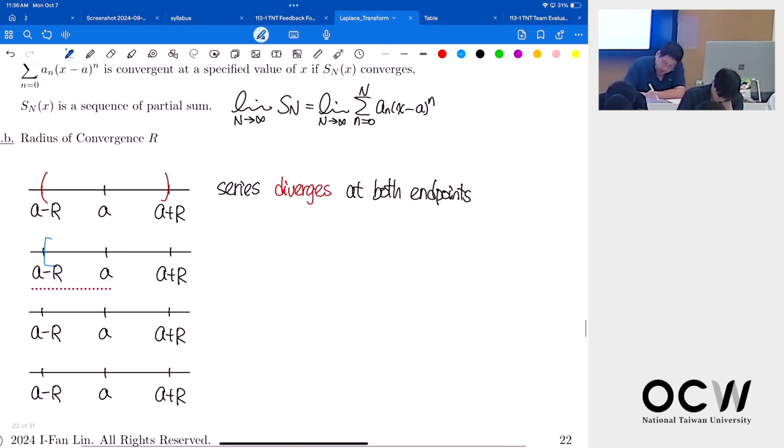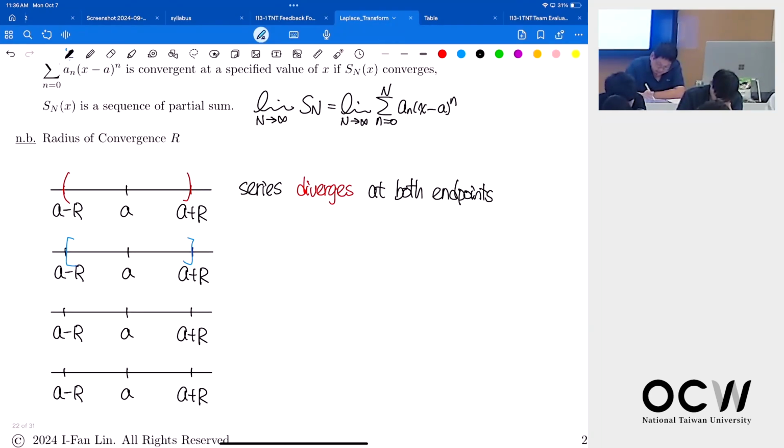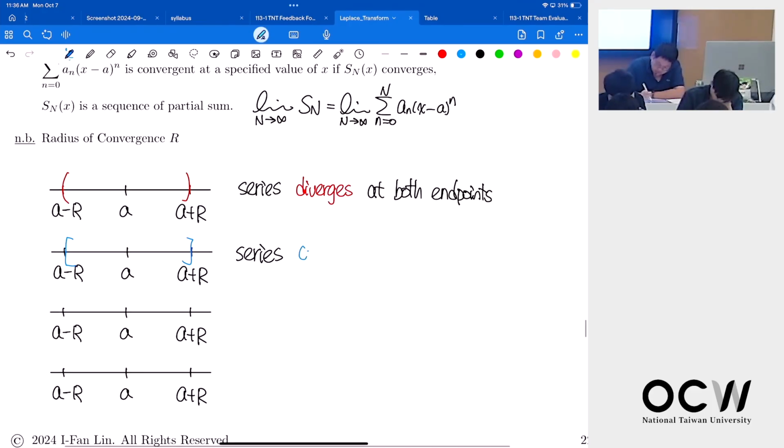If I have a bracket on both sides, then the series converges at both endpoints.